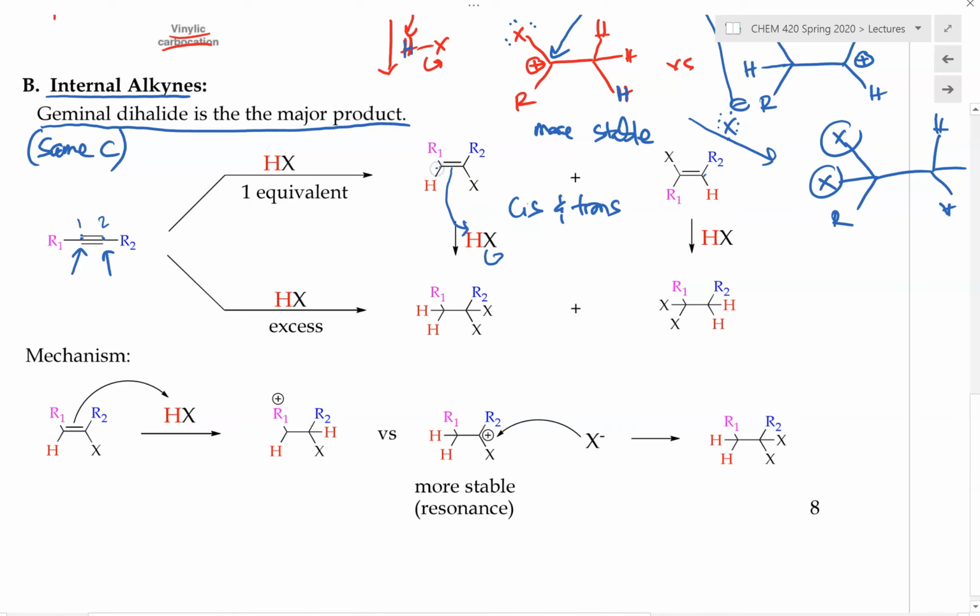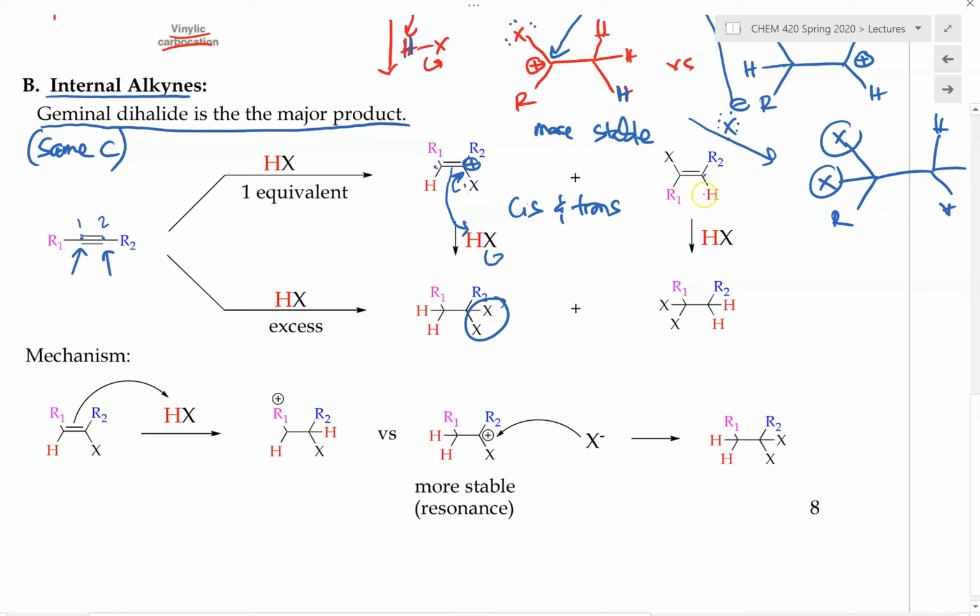Now we can either have the carbocation here or the carbocation here. In fact, the carbocation located on this carbon will be more stable. And again, that is due to the resonance effect from the lone pair electrons from this halogen that are donated in. Therefore, the carbocation will be located on this carbon, followed by the attack of the other halogen. So we will see that the two halogens are added to the same carbon.